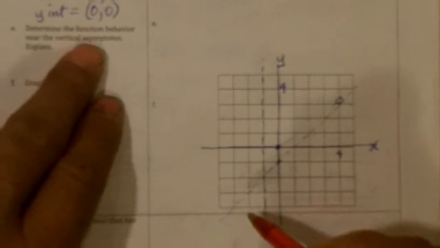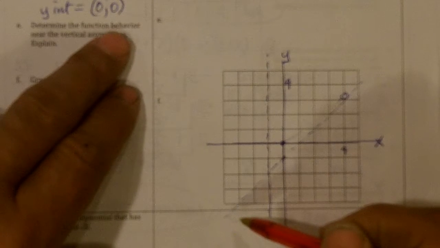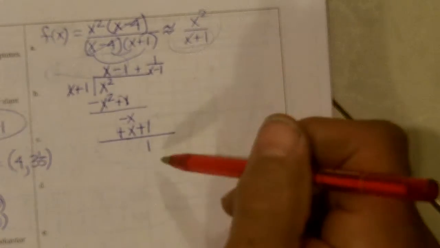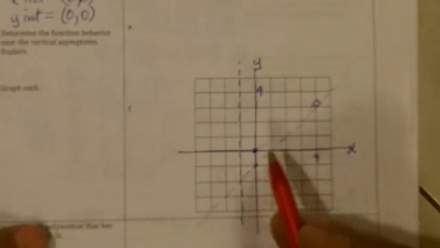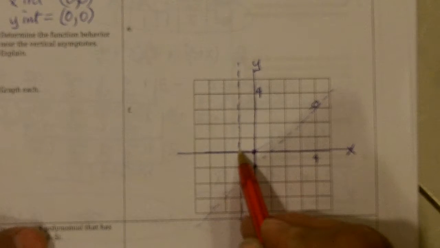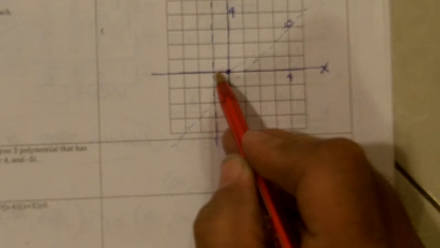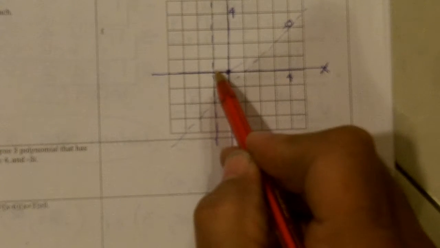So it says determine the function behavior near the vertical asymptote. So I'm going to look again at the reduced form and not this, and I'm going to go close to the vertical asymptote, which is at minus 1. If I go close to it on this side, the positive side, it's negative 0.9.